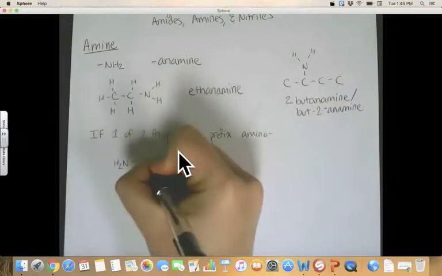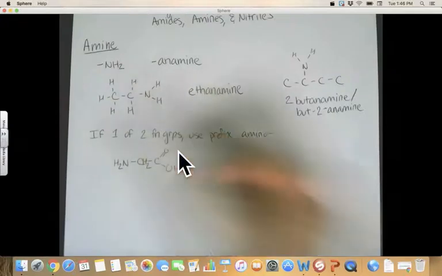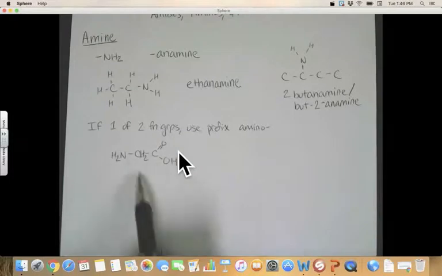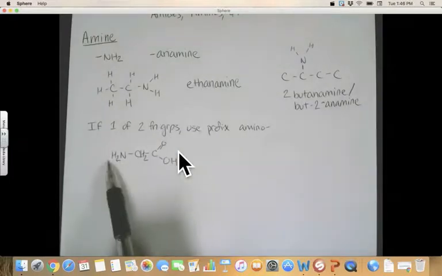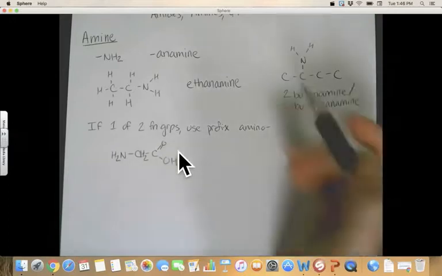I'm going to kind of condense this. So I have 2 carbons. I've got a carboxylic acid. I've got an amine group. So 2 is eth, and there's no prefix for carboxylic acid.